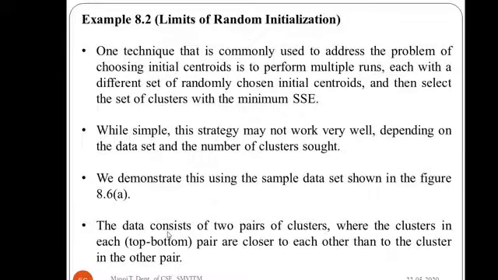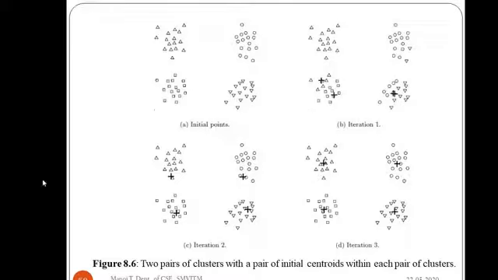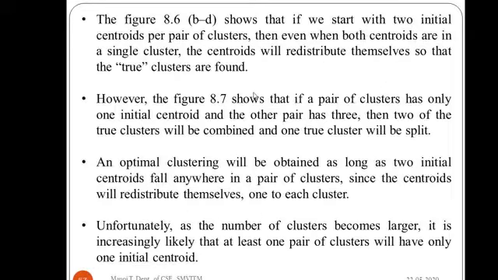The data consists of two pairs of clusters, where the clusters in each top-bottom pair are closer to each other than to the clusters in the other pair. That means this top-bottom pair of clusters is closer compared to the other pair of clusters to the right of it.